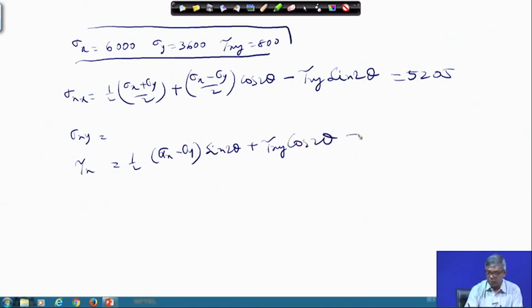Now, again if I put all those values, this value will come to 1384, and then I can find out the orientation also by using the equation.